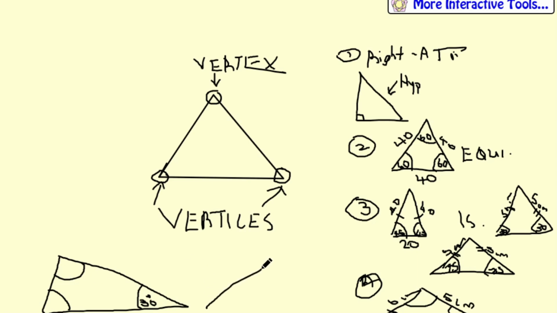With an obtuse scalene triangle, one angle is going to be greater than 90 degrees. I said 180 earlier, which is a mistake.